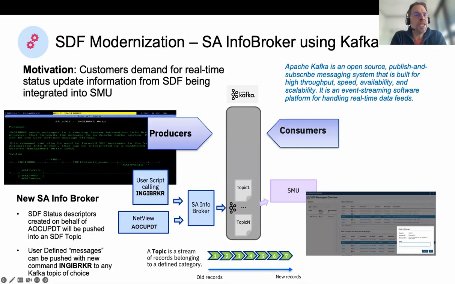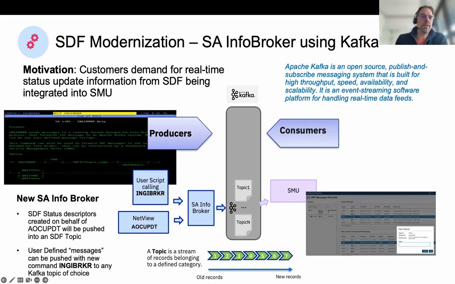The motivation for that is that we wanted to provide, and customers actually demanded, SDF views in Service Management Unite in our web-based UI that are real-time: a mechanism to allow system automation events to be transported into SMU views, potentially also to other consumers, in near real time.